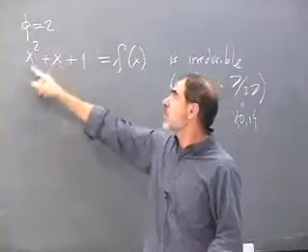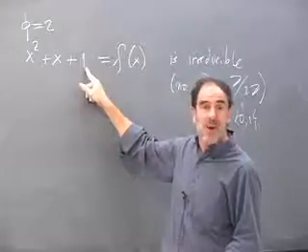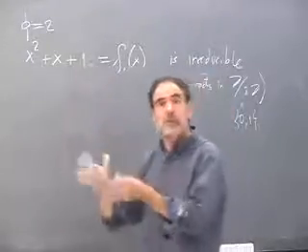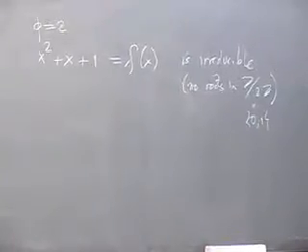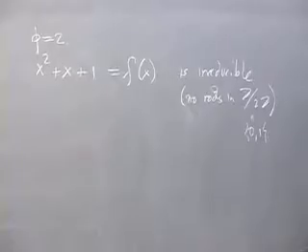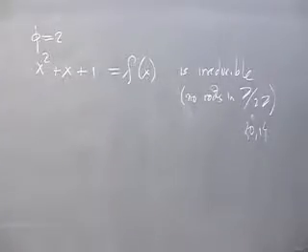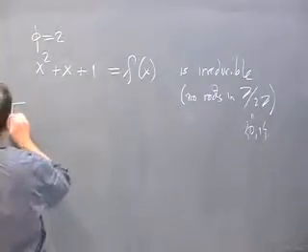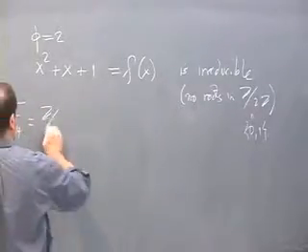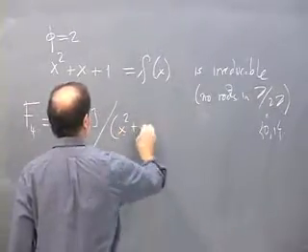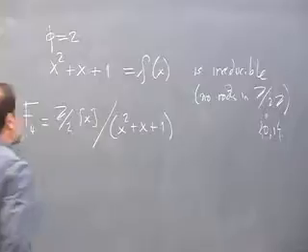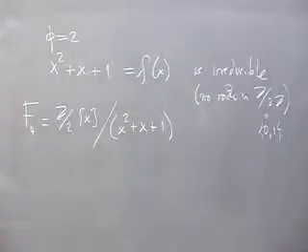If you try 1, you get 1 plus 1 plus 1, which is 1. So no substitution of an element in the field gives you 0. So the polynomial has no roots. Since it has degree 2, if it has no roots, it has no linear factors, therefore it's irreducible. So there you are. There's your field of 4 elements: Z mod 2, x, modulo the ideal generated by x squared plus x plus 1. That's a nice multiplication law to work out as an exercise.